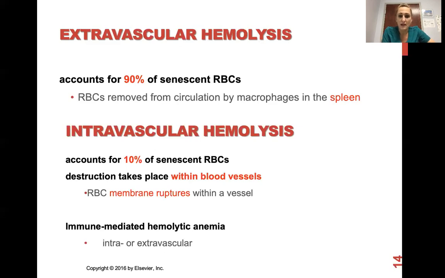And this can be intravascular or extravascular depending on the situation. So that's the third option. 90% is normal by tissue macrophages in the spleen. 10% is normal, the destruction within the blood vessels by ruptured membranes. And occasionally things go a little haywire and they become immune mediated and cause a hemolytic anemia.